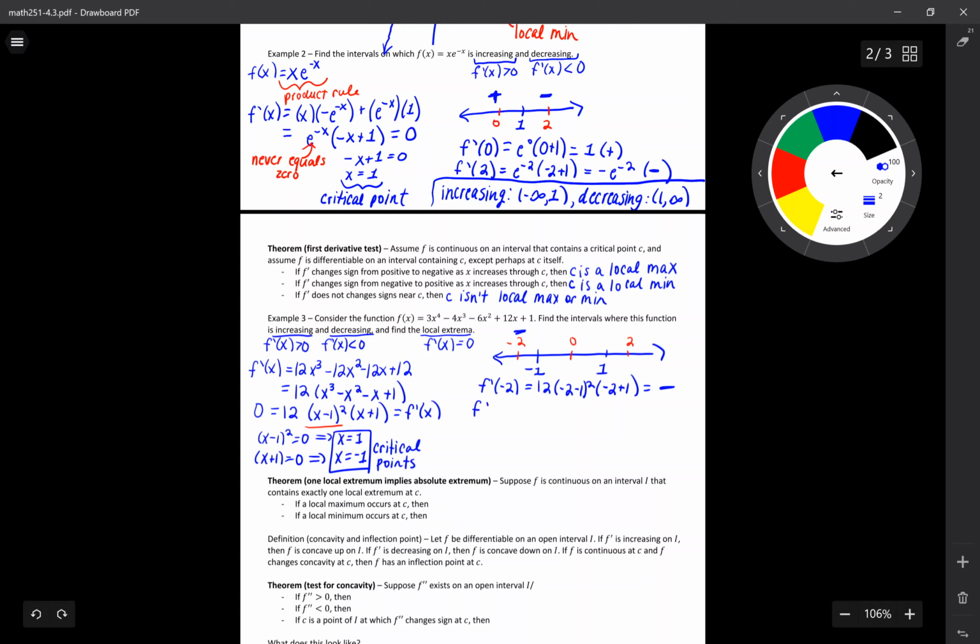Okay, f prime of 0 is equal to 12 times 0 minus 1 squared times 0 plus 1. Anything squared is positive. I have 12 times something positive times 1, so that's positive. So from negative 1 to 1, I am increasing. And then f prime of 2 is 12 times 2 minus 1 squared times 2 plus 1, which is 12 times something positive times something positive, which is positive.